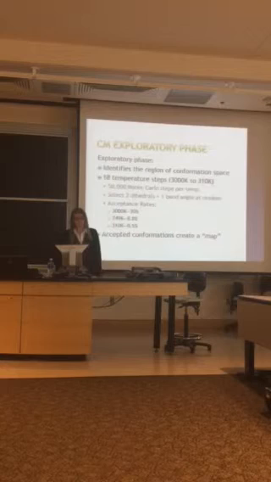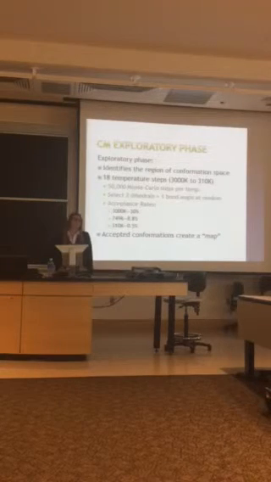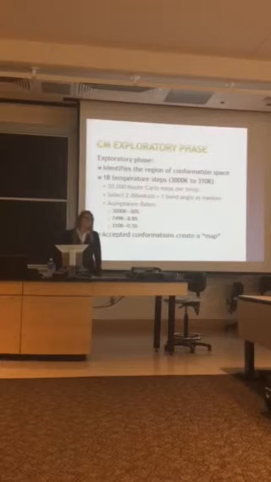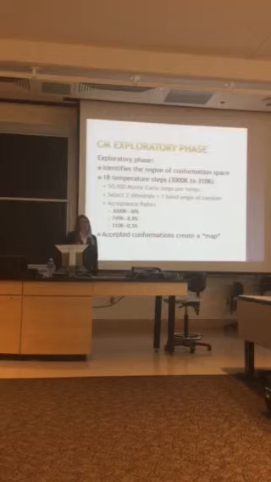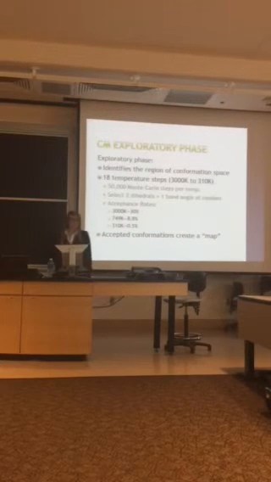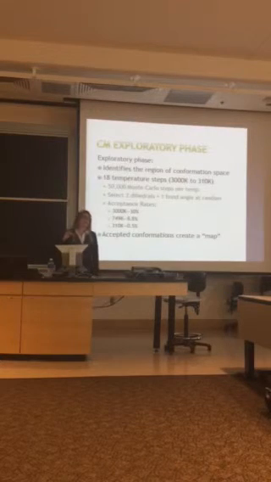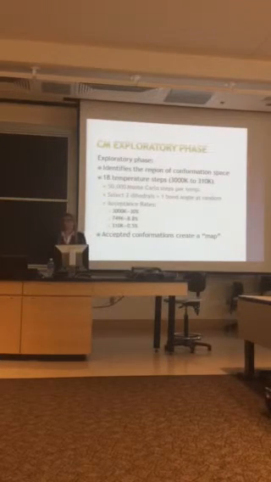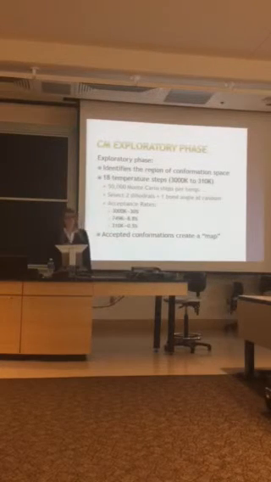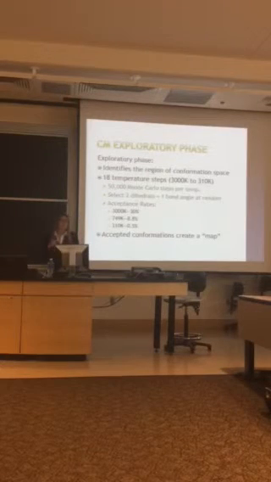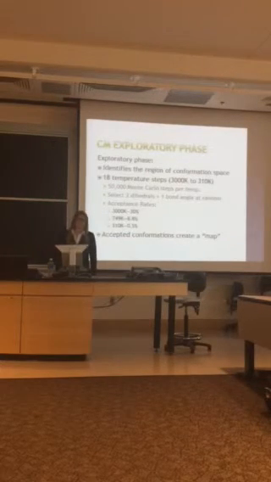The first phase of the CM method is the exploratory phase. In this phase, it identifies the region of conformational space for the torsional angles and bond angles. It does this in 18 temperature steps, starting at an initial temperature of 3,000 Kelvin. Each step, it drops down to a final temperature of 310 Kelvin. At each of these temperature steps, we're going to see 50,000 Monte Carlo steps applied.